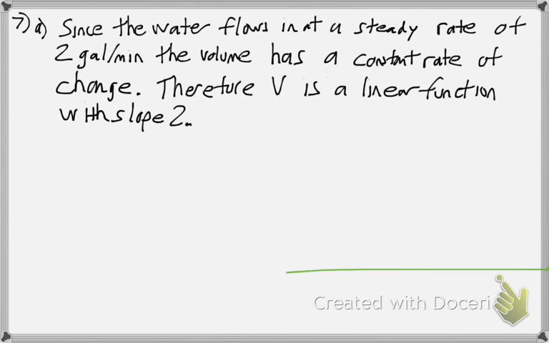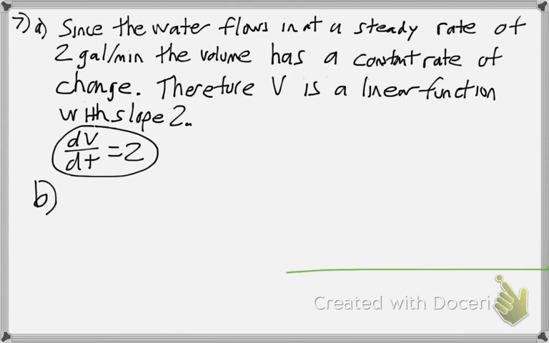So it also wants us to write an equation of change. An equation of change would just be dV over dt is equal to 2. Again, it's not 2t or 2v or 2x or anything like that. It's just 2.